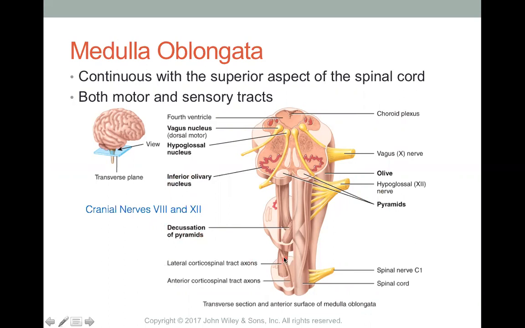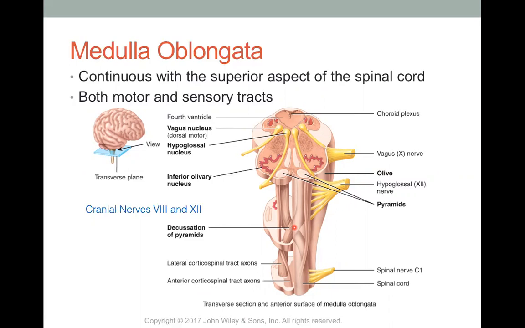So you see we are crossing, in this instance, from the right to the left, and then from the left to the right. So it happens at this level here, and it is how we control opposite sides, how the left cerebral cortex will control the skeletal muscles on the right, and then the right cerebral cortex will then, of course, control the skeletal muscles on the left.